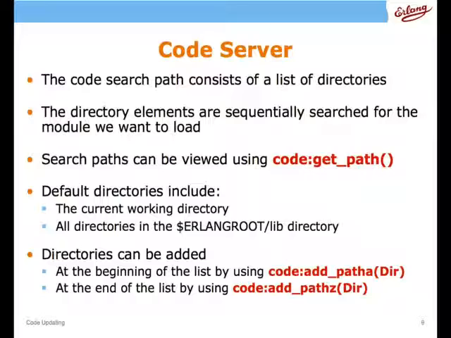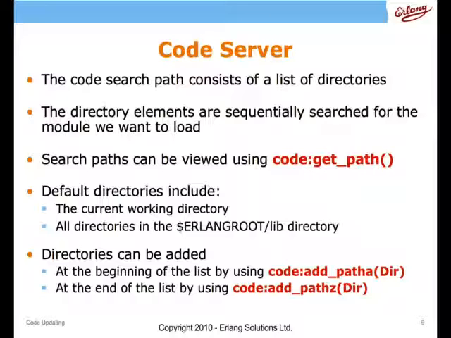Another function in the code module is the getPath function, which returns a listing of all the directories in the path. That includes some by default: the current working directory, and directories in the lib subdirectory of where Erlang is installed on your system.